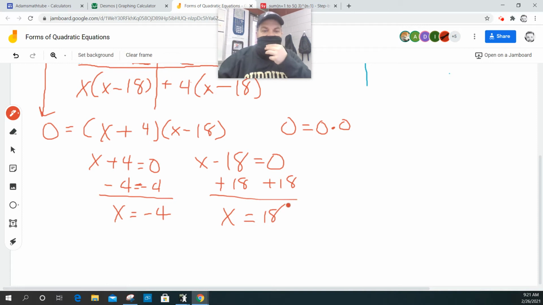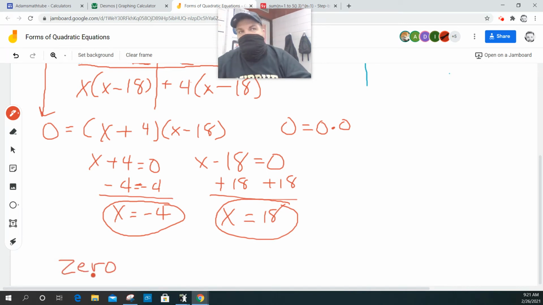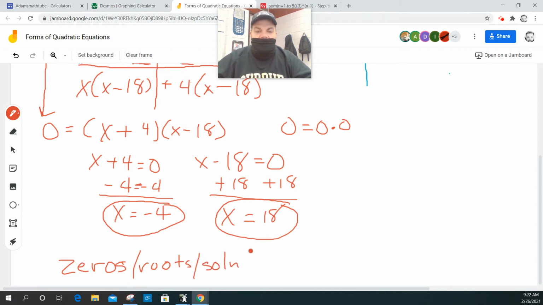Okay? You guys with me so far? So what did we just do? We found the zeros. This is a 0, and this is a 0. But what is another term for 0? Huh? No, it's not vertex. So zeros are also called roots. They're also called the solutions, and they're also the X-intercepts.